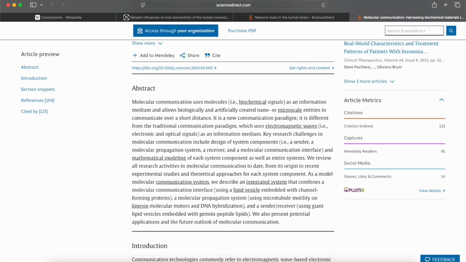As a model molecular communication system, we describe an integrated system that combines a molecular communication interface using a lipid vesicle embedded with channel-forming proteins, a molecular propagation system using microtubule motility on kinesin molecular motors and DNA hybridization, and a sender/receiver using giant lipid vesicles embedded with gemini peptide lipids. We also present potential applications and the future outlook of molecular communications.